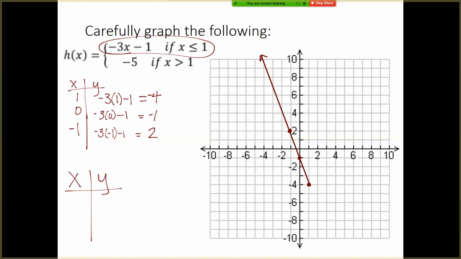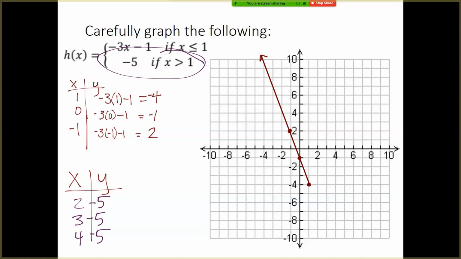For the second part, we're using the second piece. So we're going to use this here. For any x value that's greater than 1, we're going to just have -5. So any number I pick that's greater than 1, so 2, 3, 4, is just going to have a value of -5. You don't even really get to plug them in. You're just getting points to plot.